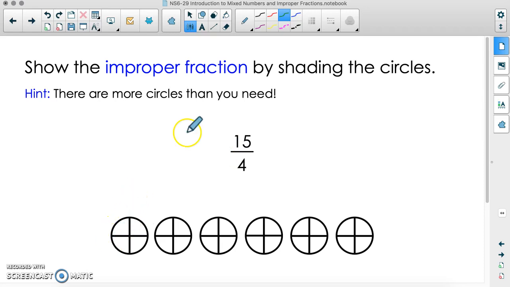I'm just going to put a dot in them instead of shading because of my mouse. So 1, 2, 3, 4, 5, 6, 7, 8, 9, 10, 11, 12, 13, 14, 15. So there would be my 15 pieces shaded. And then I have 1 piece here left over. So I actually don't need these 2 pies. They were just there as a little trick. You're always going to stop shading when you get to that numerator number.